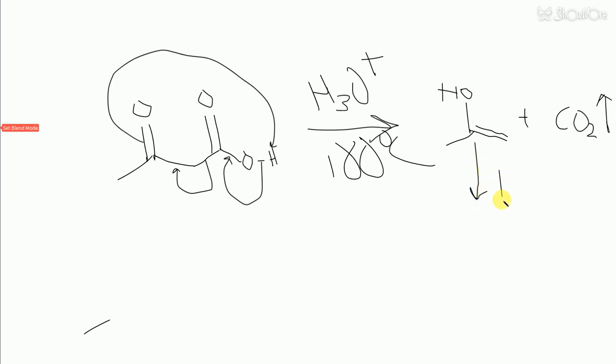And so what will happen is we take this H3O plus. This is going to donate inwards. This is going to come out, grab a hydrogen. Sorry, my handwriting is so garbage.